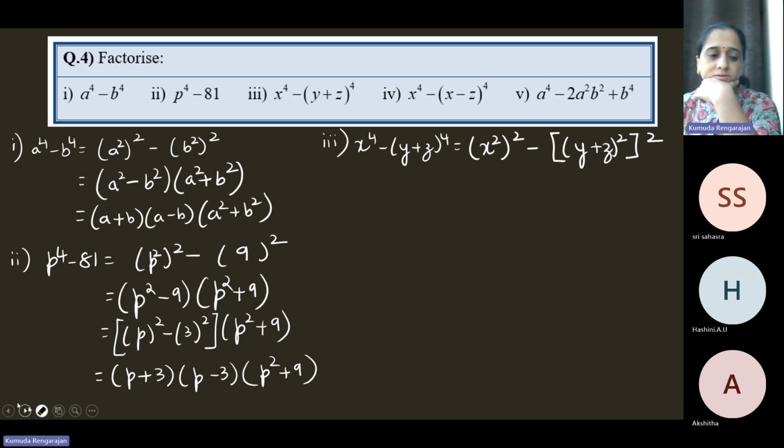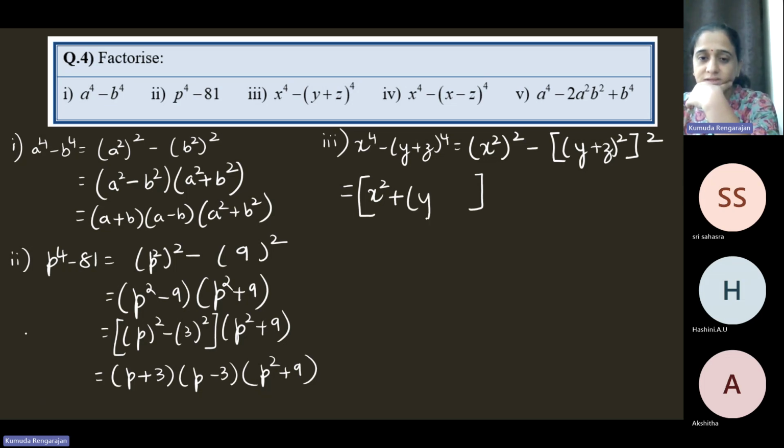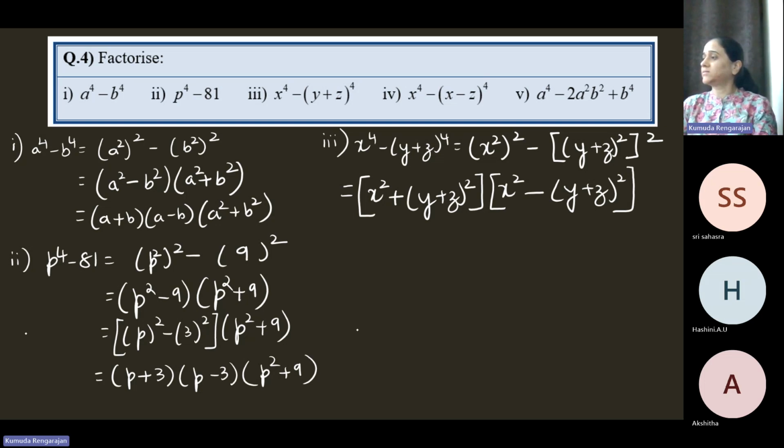I'll write from here. So it is a plus b, so I'll use a square bracket, a plus b into a minus b.